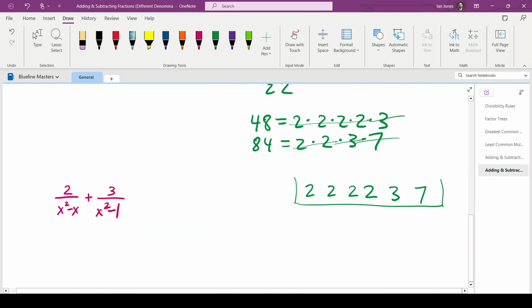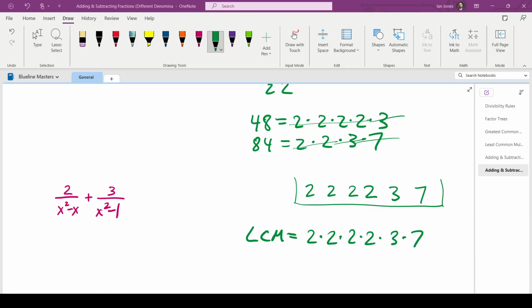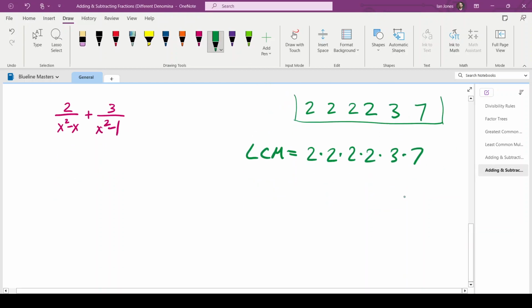So then the LCM is 2 times 2 times 2 times 2 times 3 times 7. Okay, well, 2 times 2 times 2 times 2, that's 16, times 3 times 7, that's 21. So if I go 16 times 21, 1 times 6 is 6, 1 times 1 is 1.